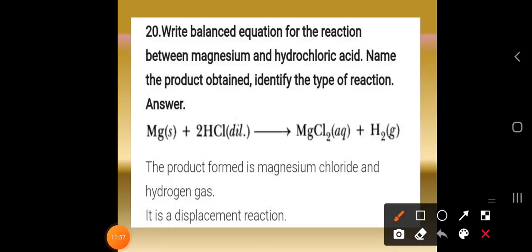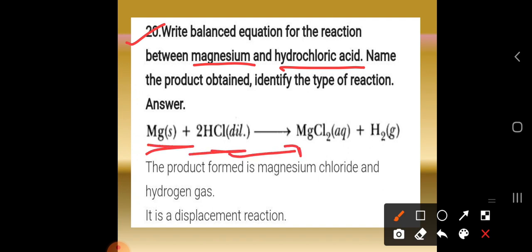Now let us start with the next example. Write a balanced equation for the reaction between magnesium and hydrochloric acid. Dear students, this concept is related to metals and non-metals, where we learn how metals react with acids. Keep in your mind, when a metal reacts with an acid, the product you get is always a salt.